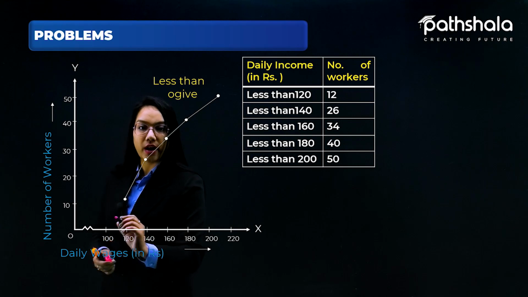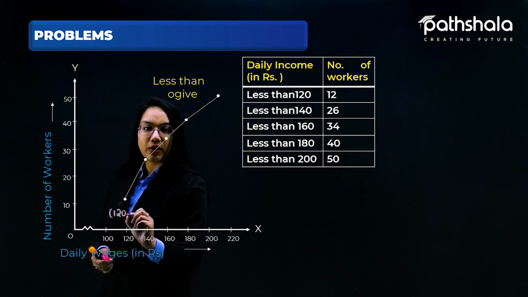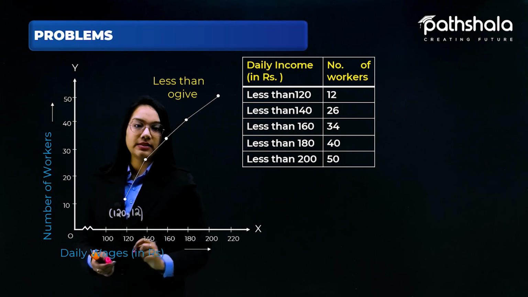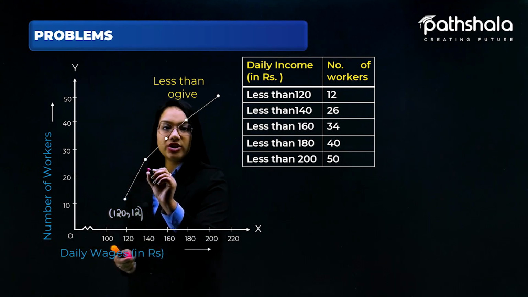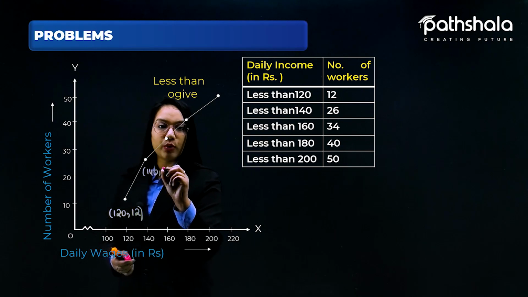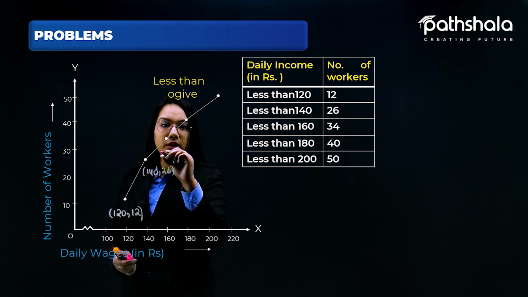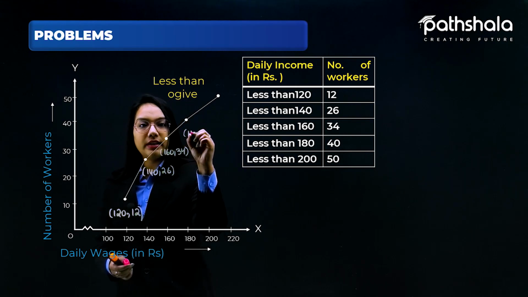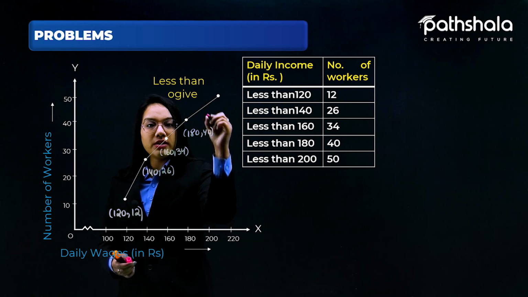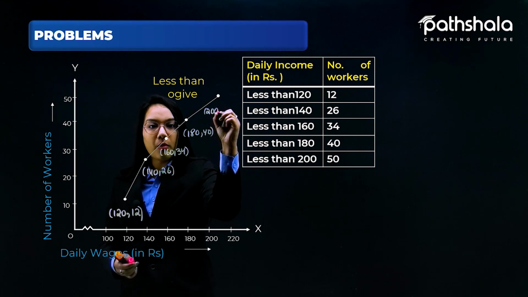Let me write it over here, 120, 12, because in the case of the less than type, we always have to take the upper limit and the cumulative frequency. The next is 140, 26. The next one is 160, 34. The next one is 180, 40, and the next one is 200, 50.